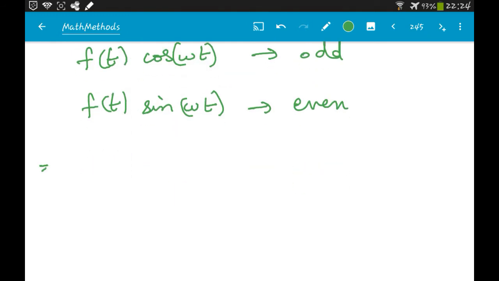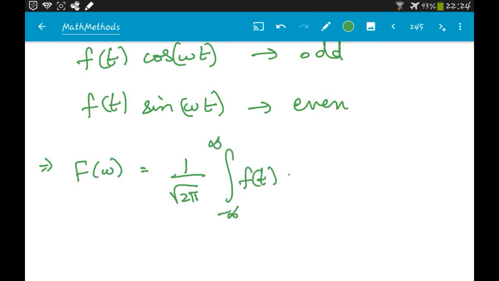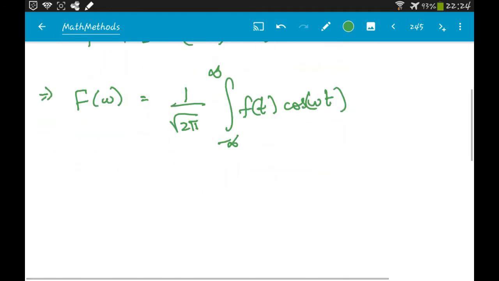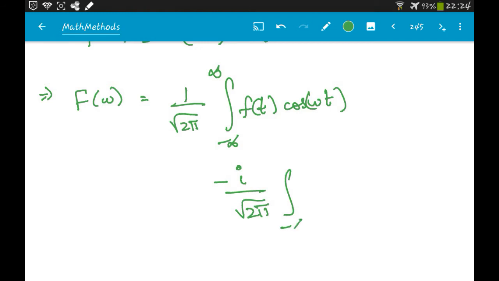So in this case, F of omega is going to be 1 by root over 2 pi, integral from minus infinity to infinity f of t cos omega t dt, minus i by root over 2 pi, integral from minus infinity to infinity f of t sin omega t dt.